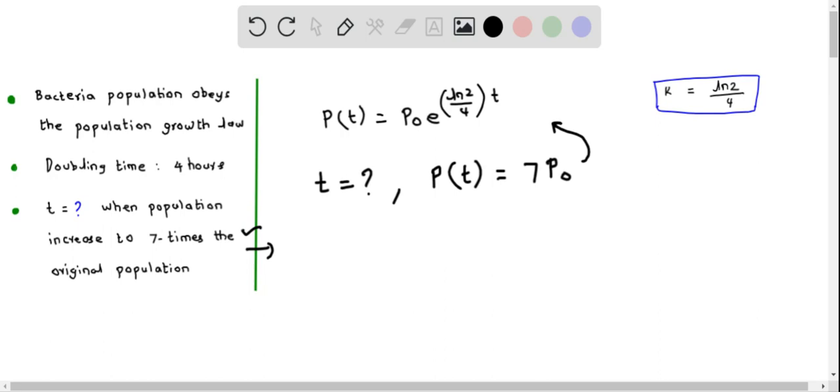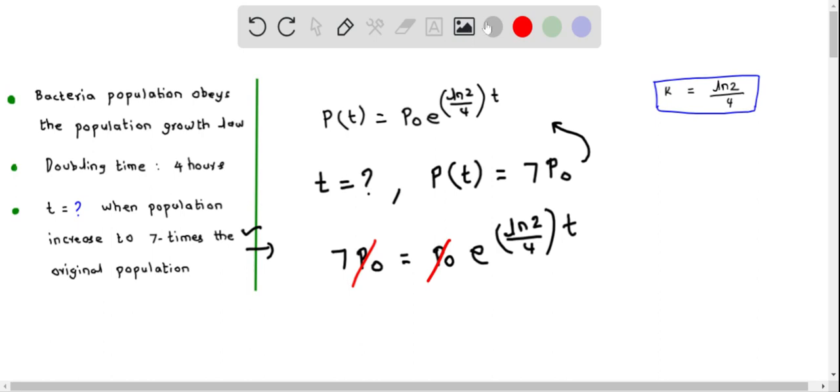I'm going to replace P of t, which is 7 times P naught, and this equals P naught e raised to the power of natural logarithm of 2 over 4 times t. Now we divide both sides by P naught, so this P naught gets cancelled.